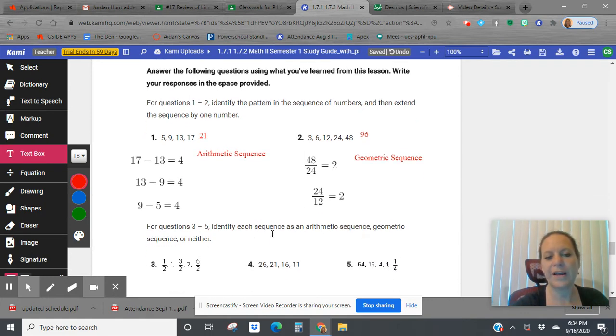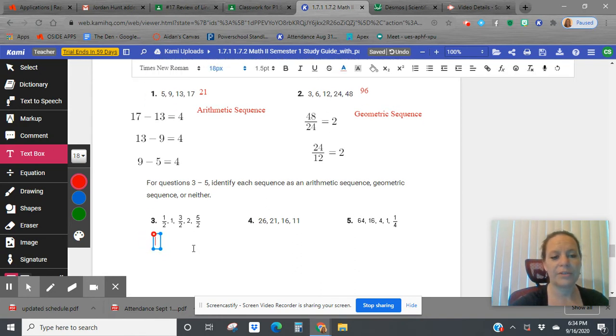For questions 3 to 5, identify as arithmetic or geometric sequence or neither. 1/2 to 1, 1 to 3 halves to 2. This one is going up by a half each time, adding 1/2. So this is an arithmetic sequence. From 26 to 21, 21 to 16, 16 to 11.